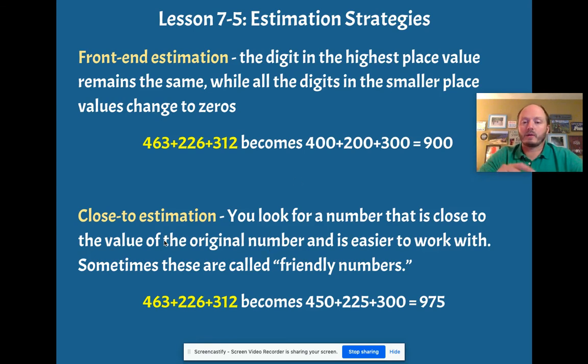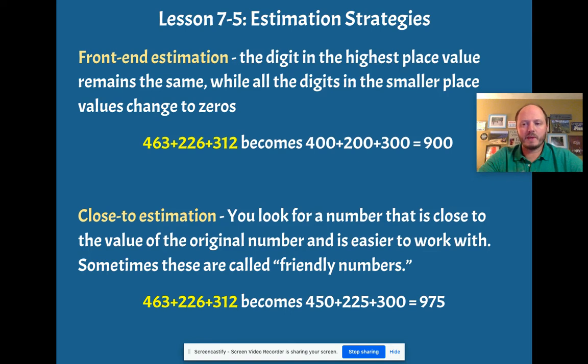But we are going to talk about another method. And this method is what we call close to estimation. You look for a number that is close to the value of the original number and is easier to work with.